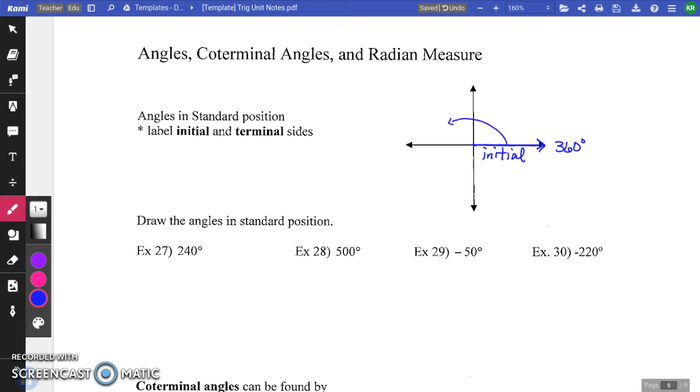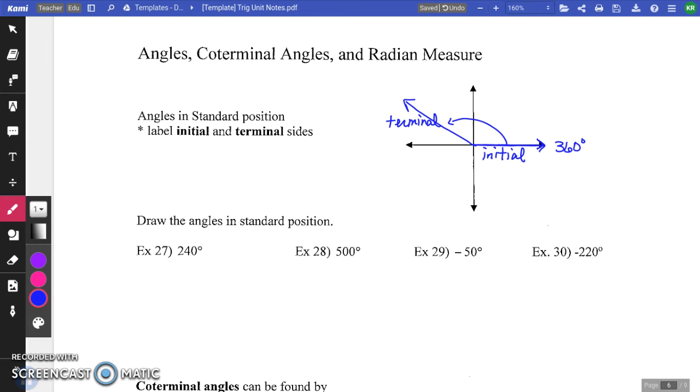So let's say my angle comes over here, and then this would be the terminal side of the angle. Okay, you can have more than one rotation, so you can have angles that are bigger than 360 degrees. You just show that by going all the way around the circle and then continuing.